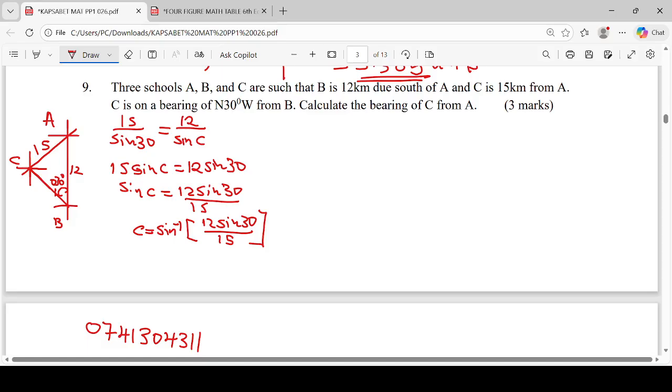And if that is the case, now we can use our calculators. First, let me get 12 sine 30, then I divide it by 15. Then now the sine inverse of my answer.